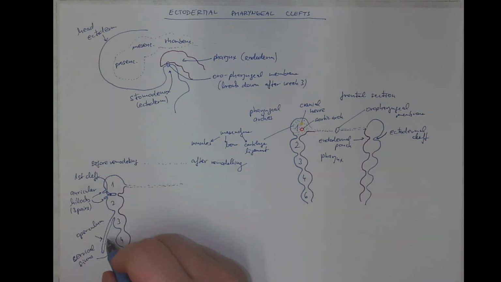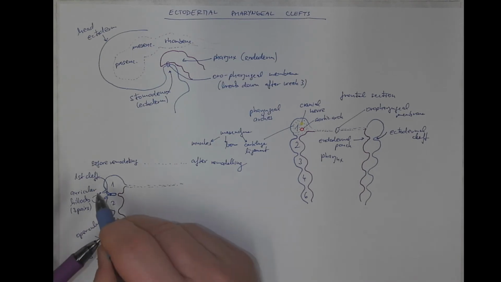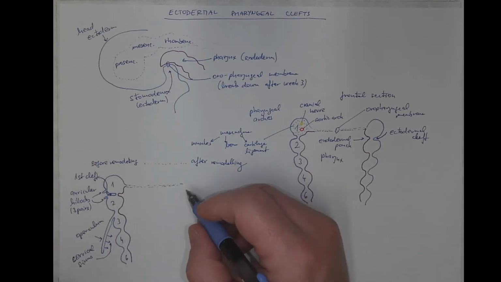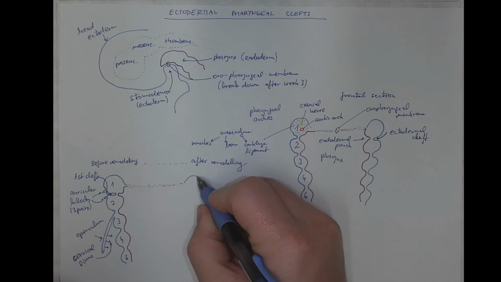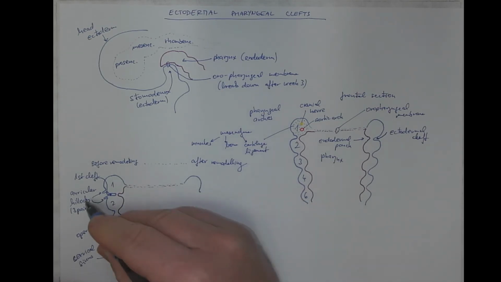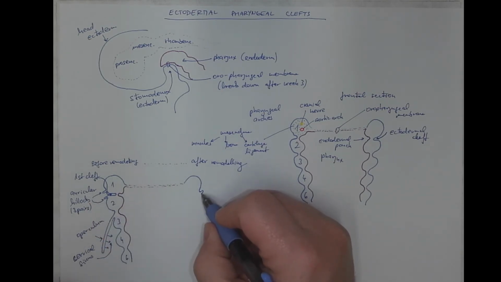And the cervical sinus will later on adhere to the surface ectoderm and fuse the space, so the operculum will close the space. So how does it look after remodeling, and what comes out of these structures? The auricular hillocks will fuse to form the external ear.